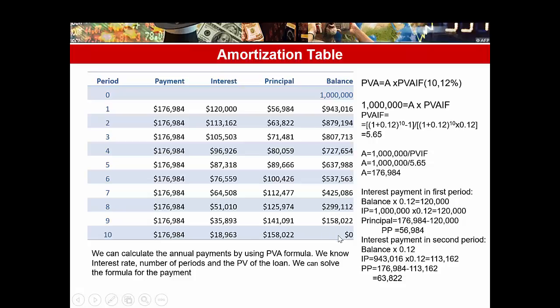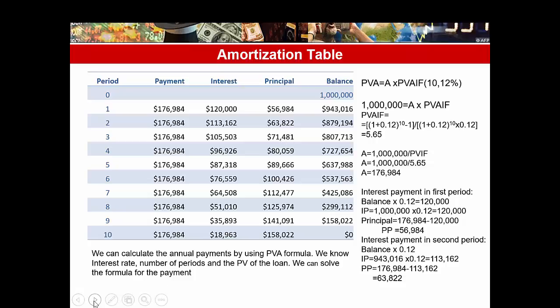So the entire loan has been paid, the principal has been paid, as well as the interest payments that were made during the same period. The calculations are repeated in here, and this also shows the principal payments in the first and the second cases, just to clarify how these figures were derived.